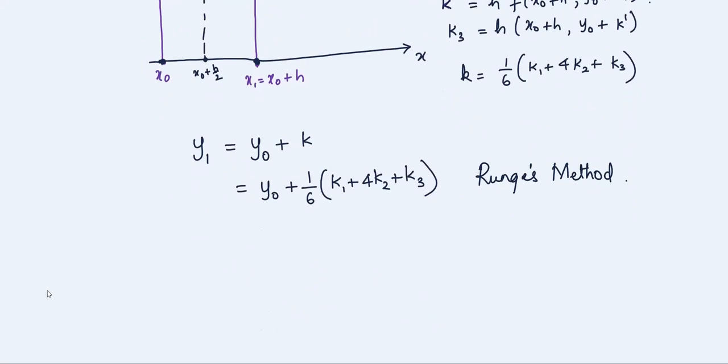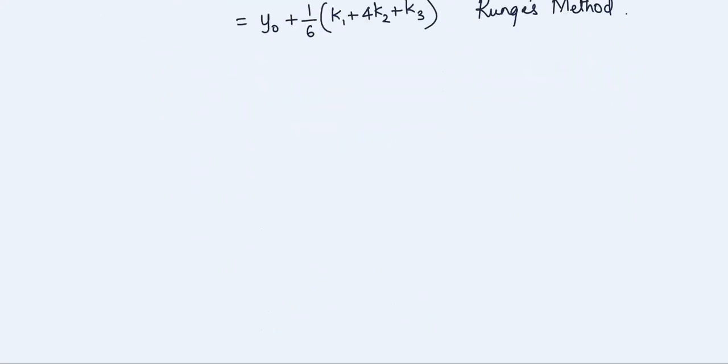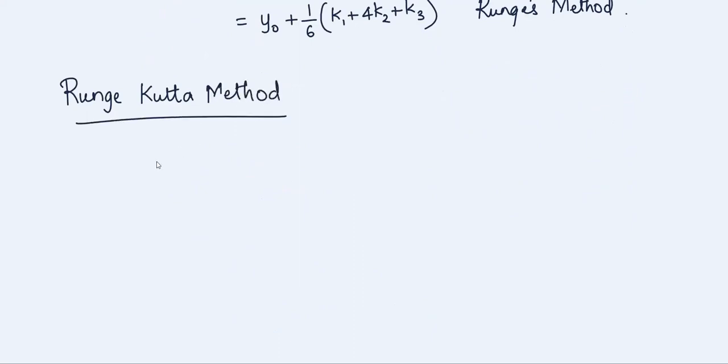Now, for the Runge-Kutta method, we want to find y1, which is y0 plus k. We have to find this k.